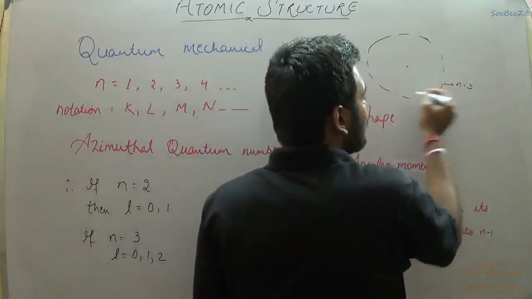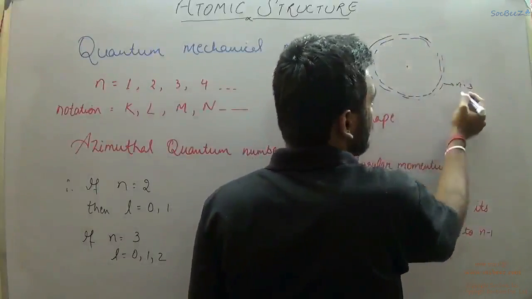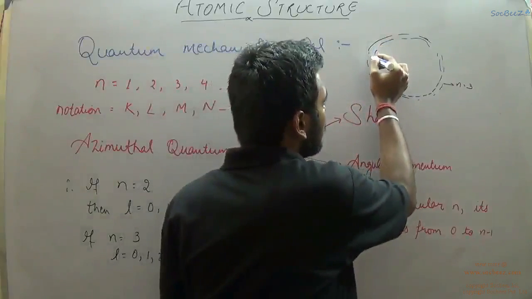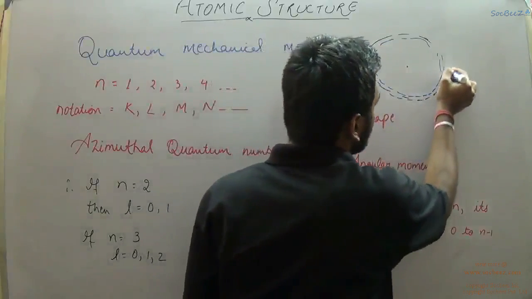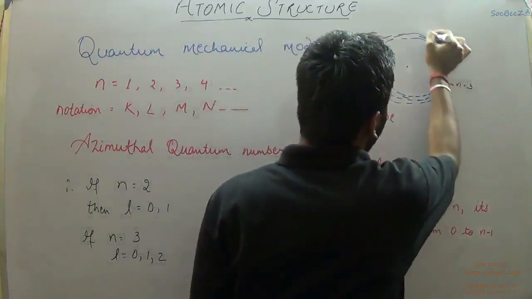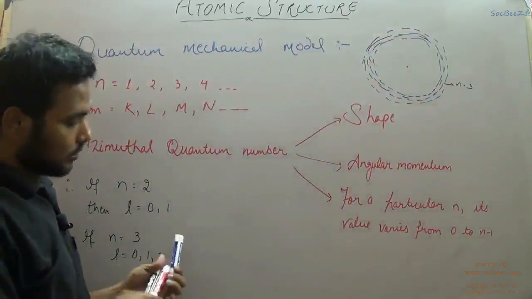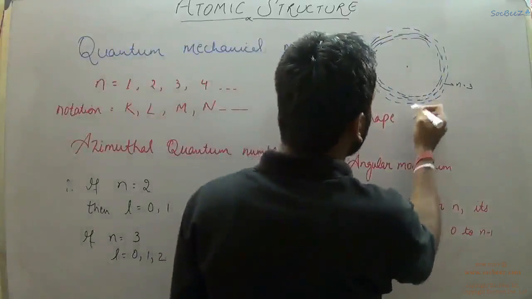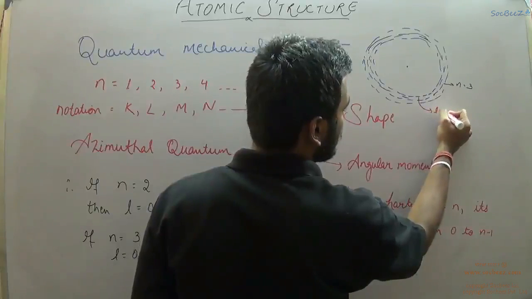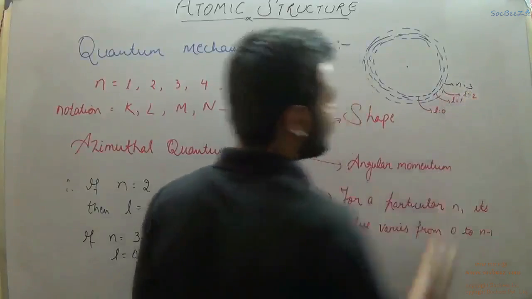Now, in this particular level, there are various sub-levels or subshells. N is the shell; the electron is in shell 3. So here, these are the various subshells. You see 3 lines. So, for N equals 3, this is L equals 0, L equals 1, and L equals 2.